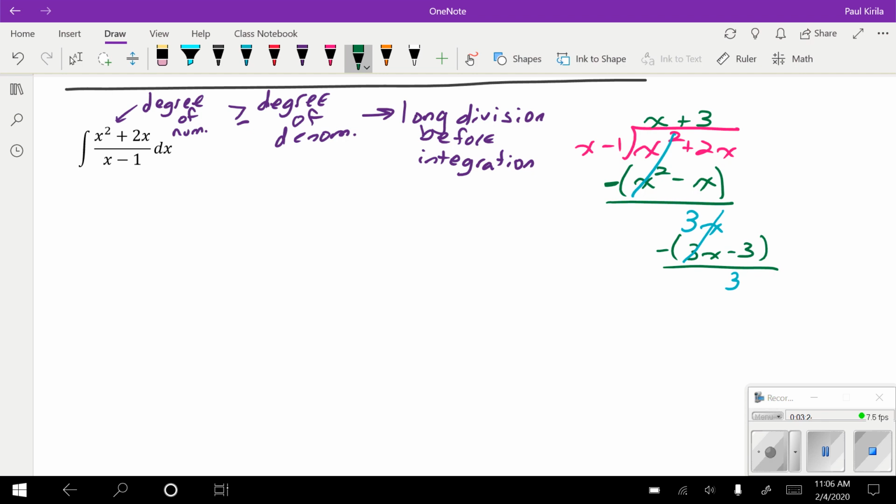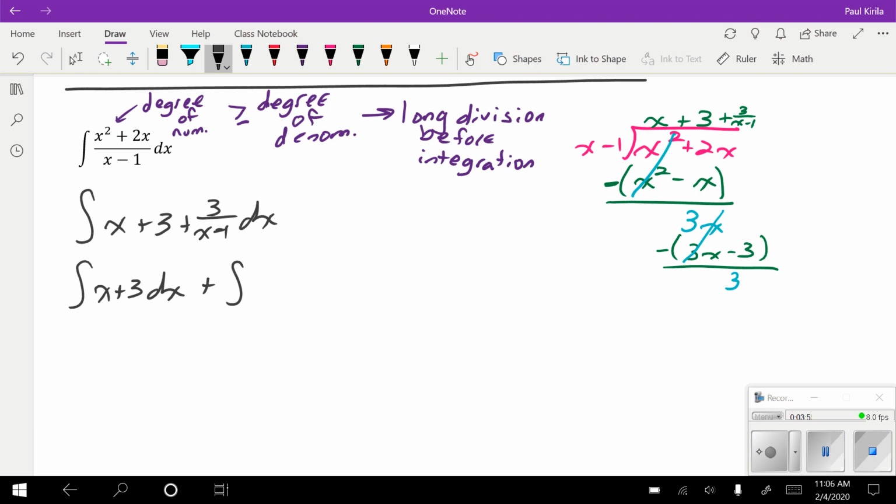Now the key here is remembering that the way we write a remainder is that I'm adding on a fraction, which will be this remainder of 3 over what I was dividing. So my integral is equivalent to the integral of x plus 3 over x minus 1 dx, which I can split up: the integral of x plus 3 with respect to x plus the integral of 3 over x minus 1 with respect to x.